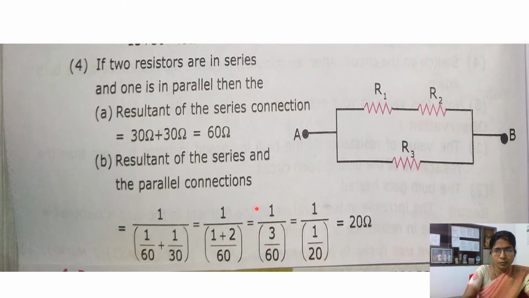When you simplify this fraction, 1 by 3 by 60, it transforms as 1 into 60 by 3. We know that 3 twenties are 60, so it gets cancelled and it is equal to 20 ohms. So 20 ohms is the equivalent resistance when the two resistors R1 and R2 are in series combination and R3 is in parallel combination to them.